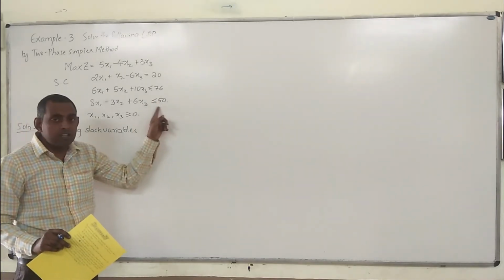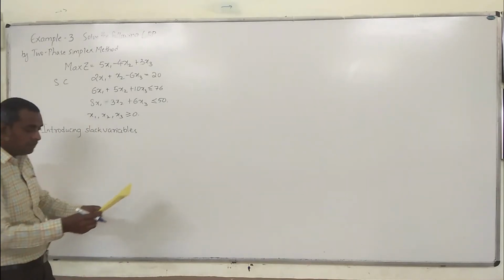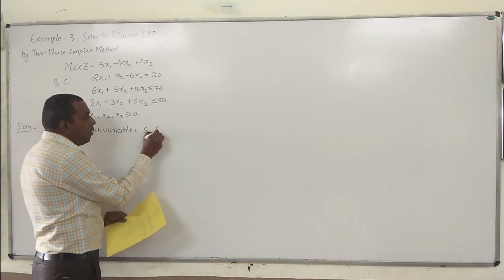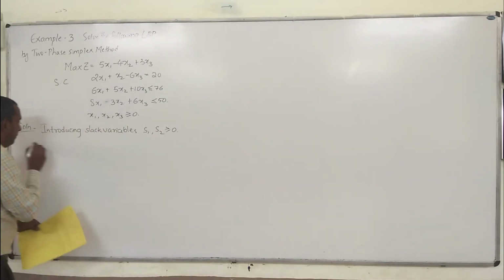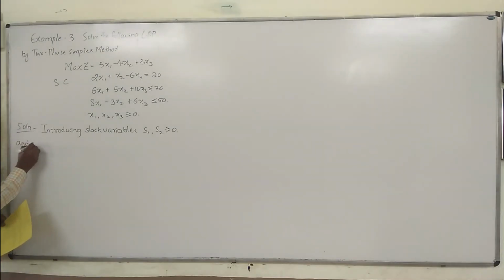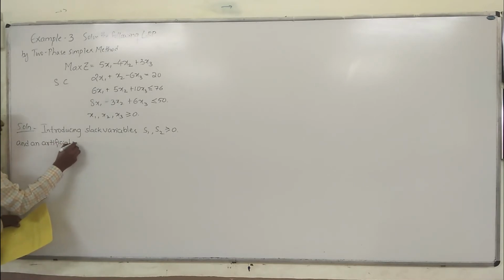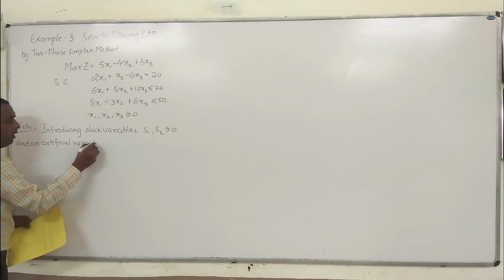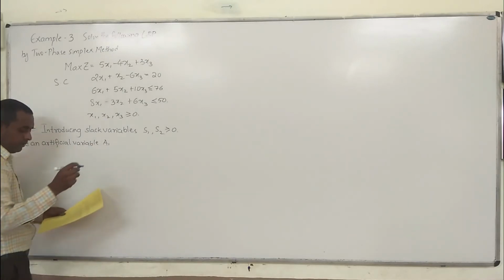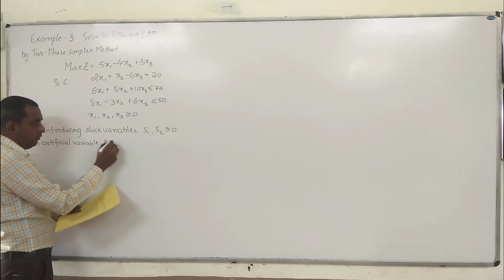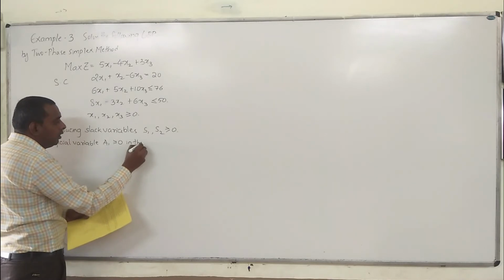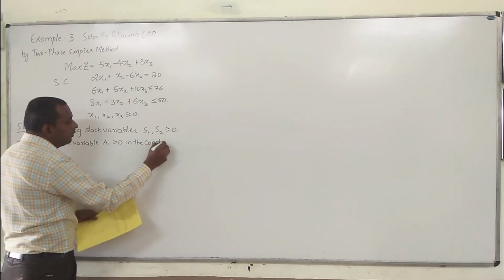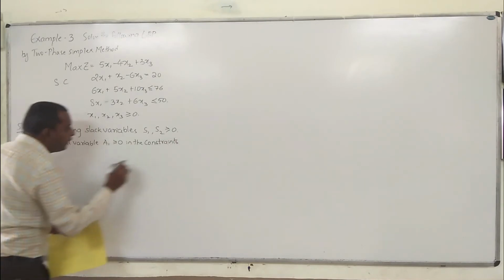Because of these two constraints, we introduce slack variables S1, S2, which are greater than or equal to 0, and an artificial variable A1, which is greater than or equal to 0, in the constraints of the given LPP.